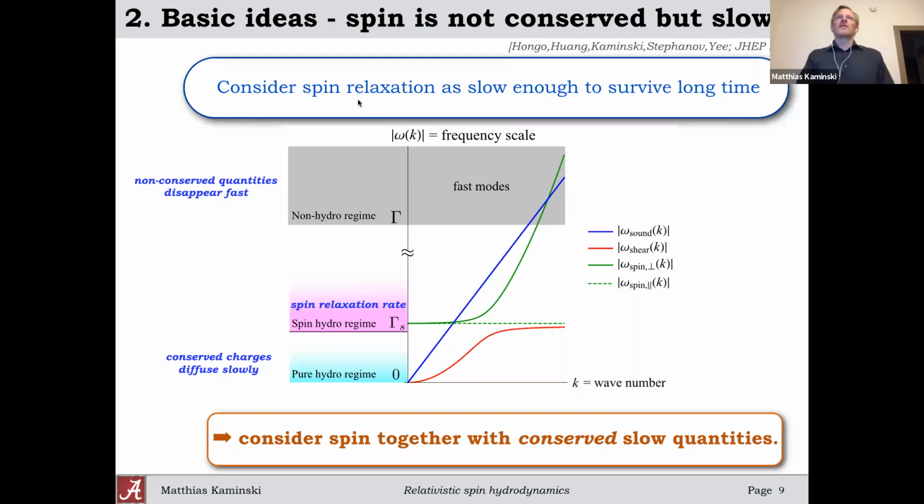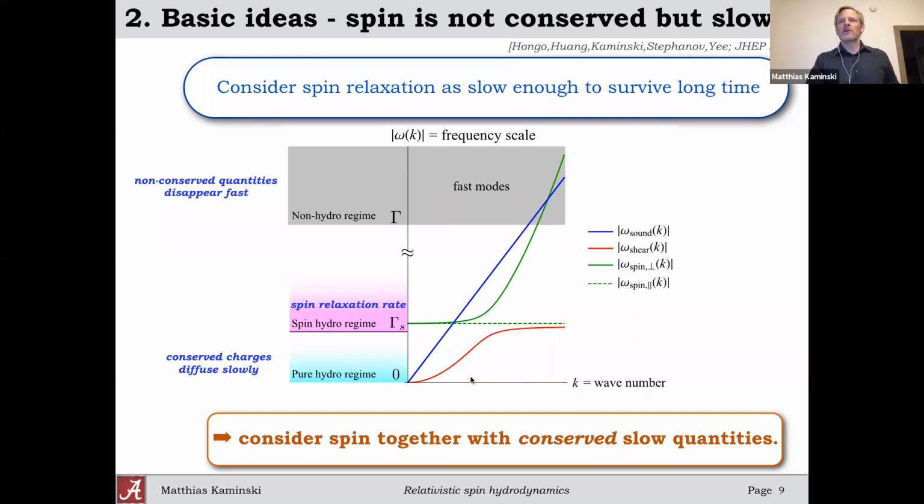The point, however, is that spin, by all observations and all understanding we have, is a slow variable. Spin relaxes slowly enough to survive for a long time and play along with the hydrodynamic modes. So it survives long enough to be part of the hydrodynamic description, and that's the type of hydrodynamics that we constructed.